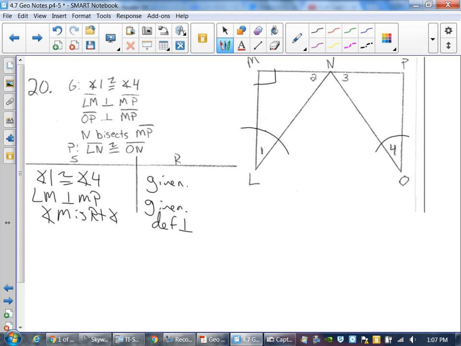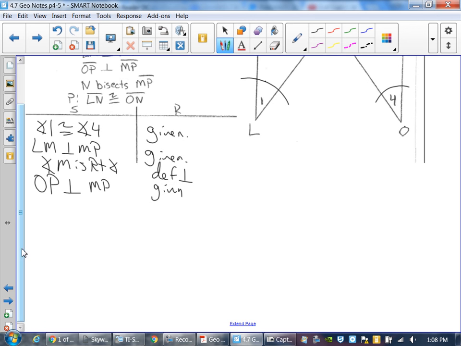I do the exact same thing for OP perpendicular to MP, because there I get that angle P is a right angle. Do we have 2 right angles on here? Which means we can say that they are congruent. That's the only subtle difference between what we've done before.